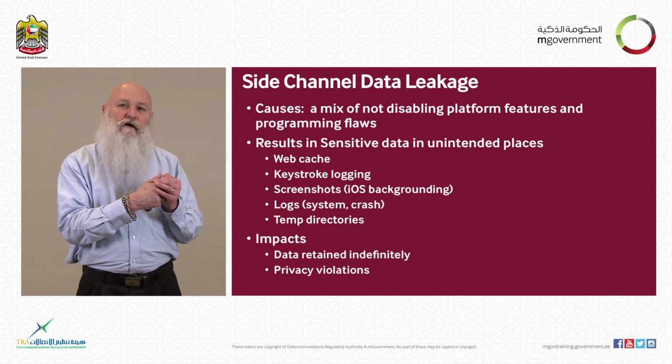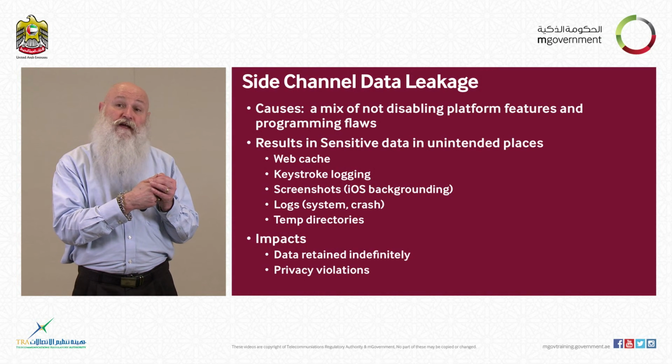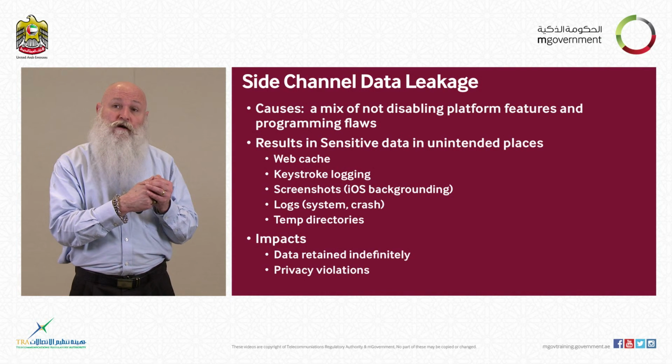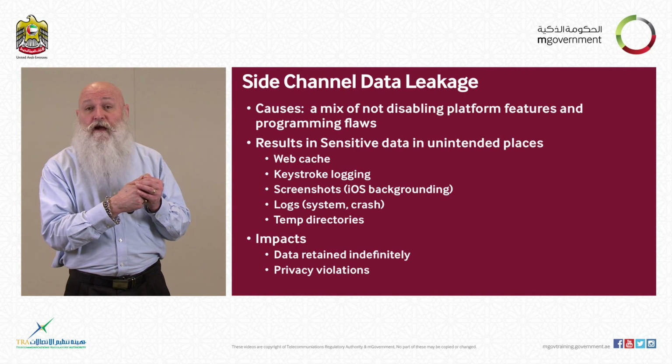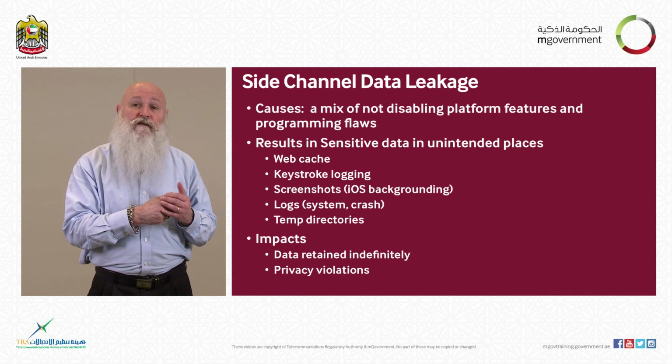Perhaps entering a logon, password, or other sensitive data that was then captured by that screenshot? Where is that screenshot stored? In secure memory, encrypted, or in plain memory? How is it destroyed? How is it cleared? These are all things that must be considered by the application programmer to prevent side-channel data leakage.